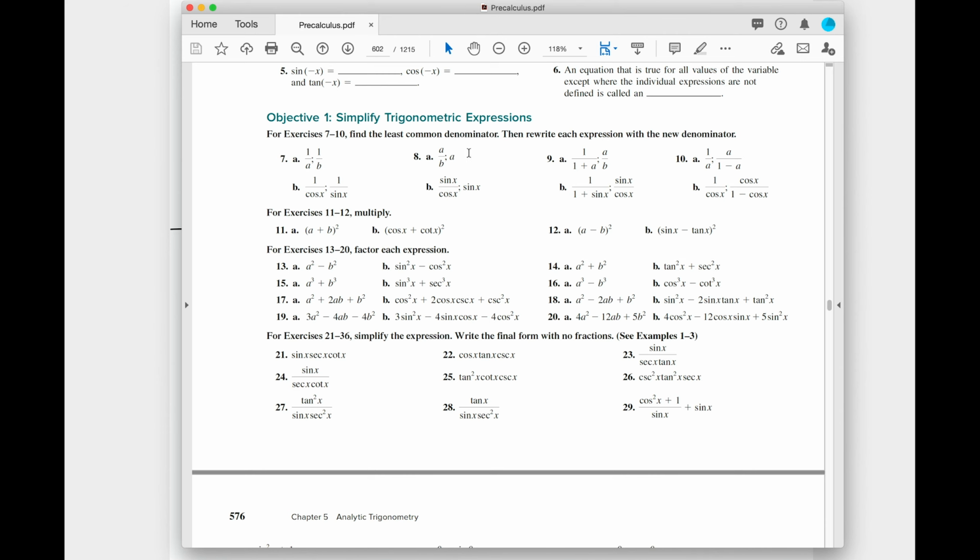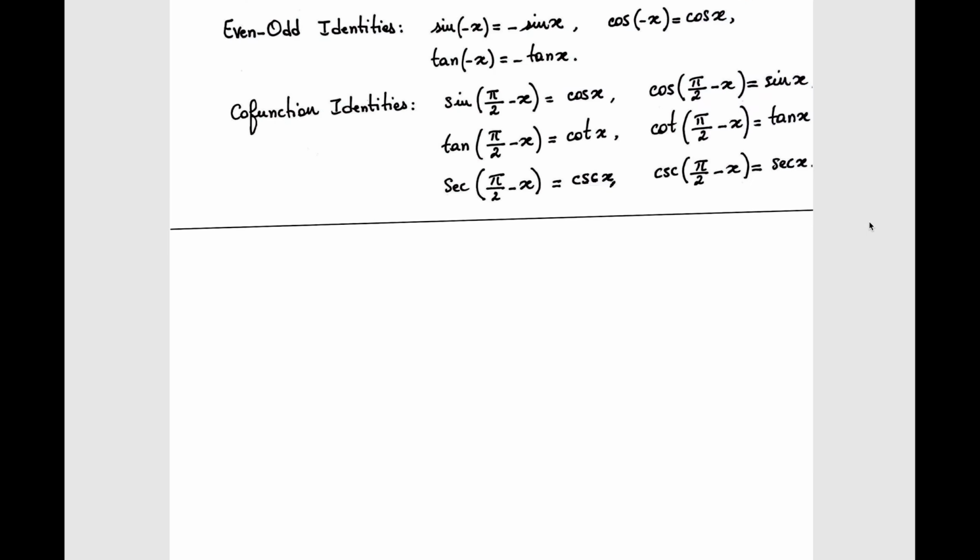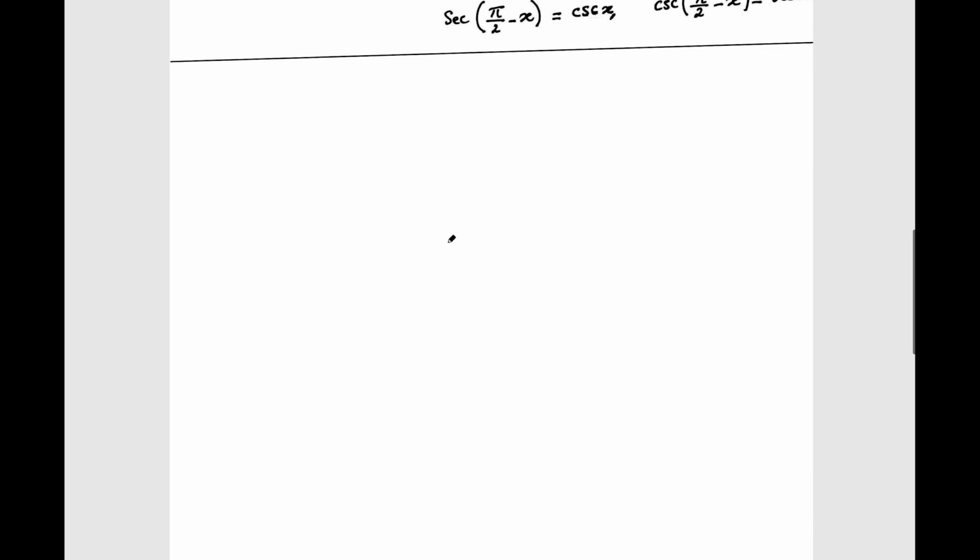The question is, find the least common denominator, then rewrite each expression with the new denominator. Number 10 has two parts, A and B. This is on page 575. Okay, let's do number 10.